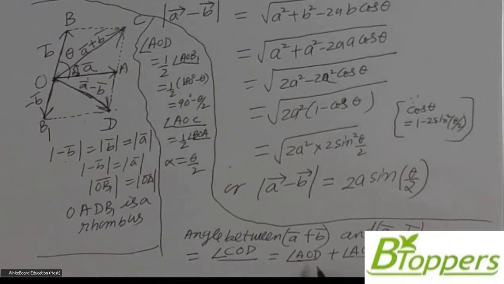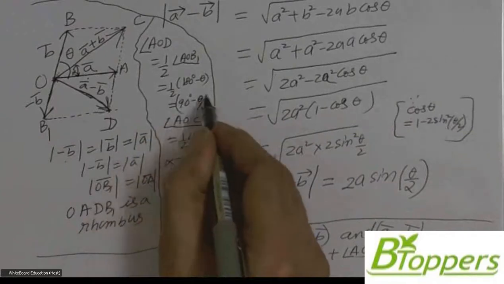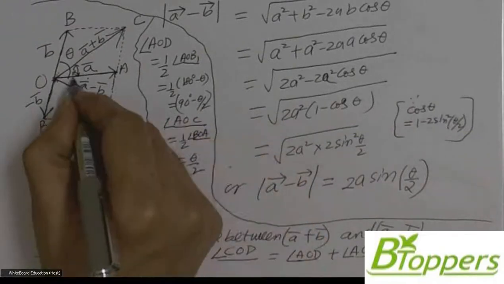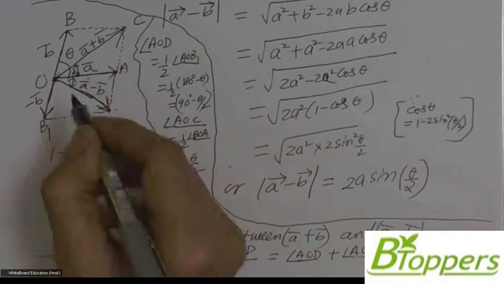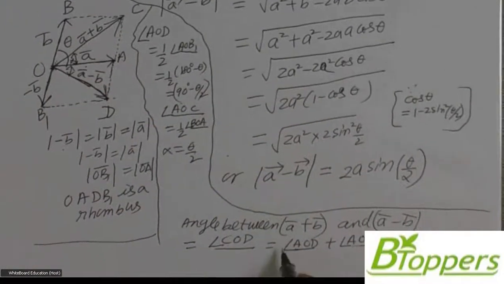What will that be equal to? Here I have written angle AOD equal to 90 degrees minus theta by 2. Angle AOC is theta by 2. So that comes out to be 90 degrees.